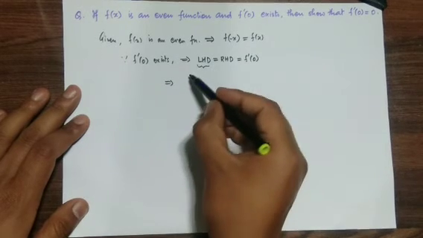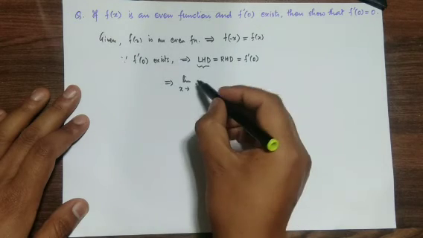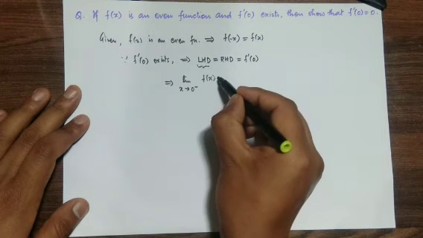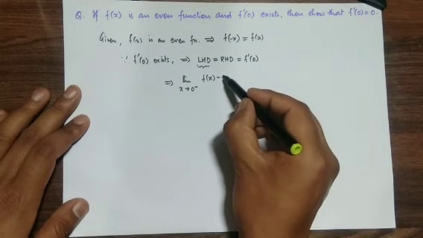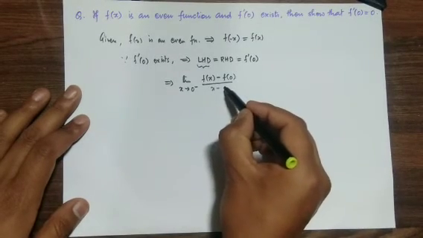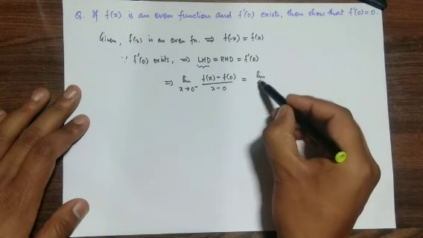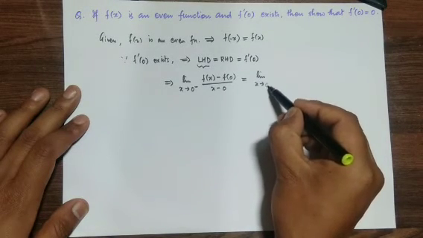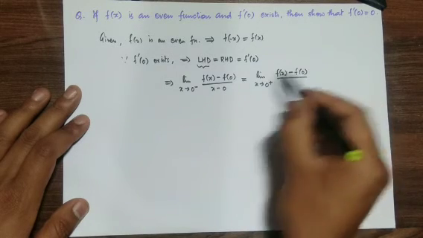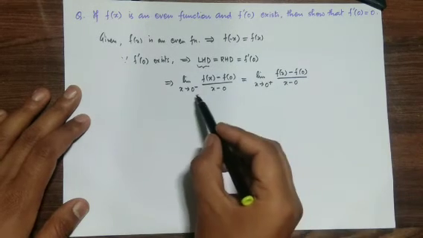This says the limit as x tends to 0 minus of f of x minus f of c, and c is 0 here, over x minus c, that is x minus 0, equals the right hand derivative. The right hand derivative says the limit as x tends to 0 plus of f of x minus f of 0 over x minus 0.